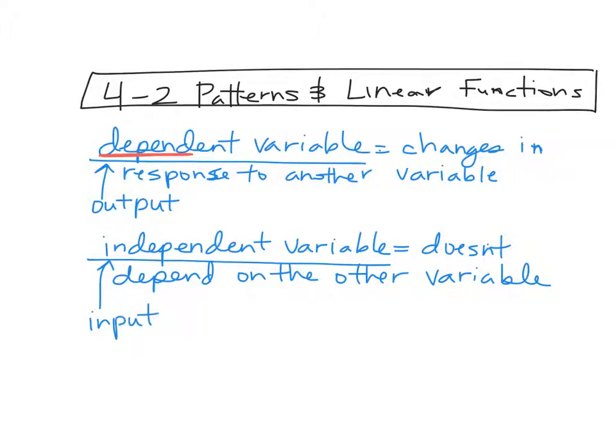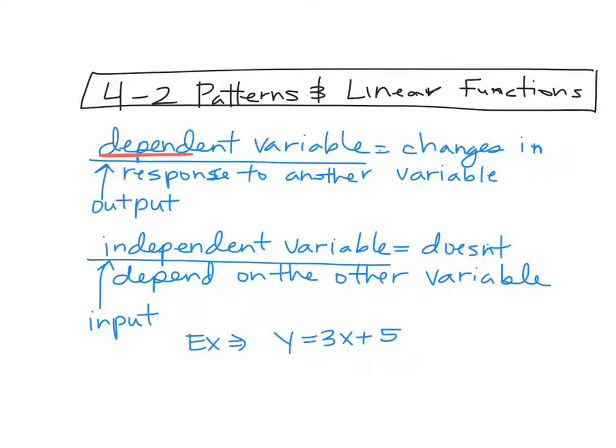Okay, so if I have a function, if I have an equation, for example, here's our little example of this: if I have the equation y equals 3x plus 5, y depends on whatever we plug in for x, right? If I plug in 2 for x, it's going to make y 11.